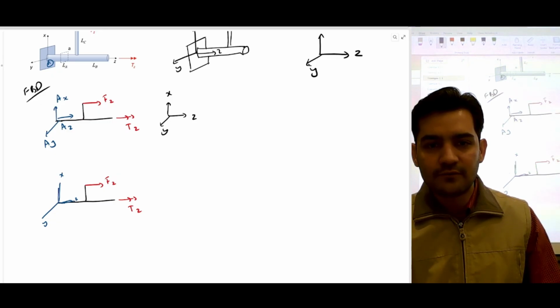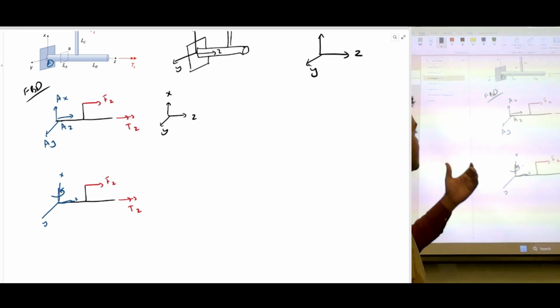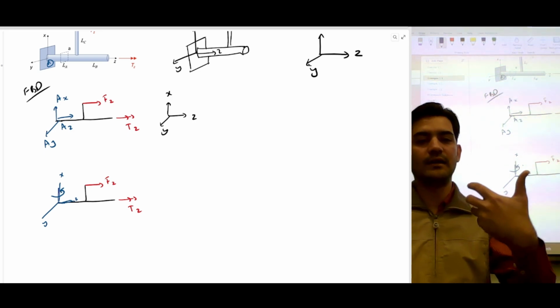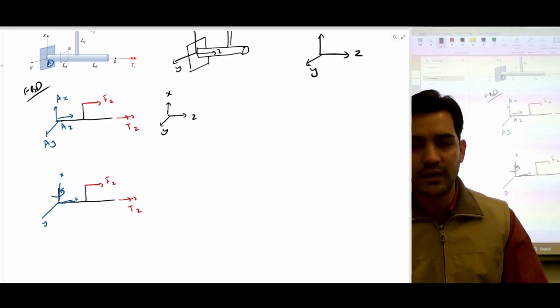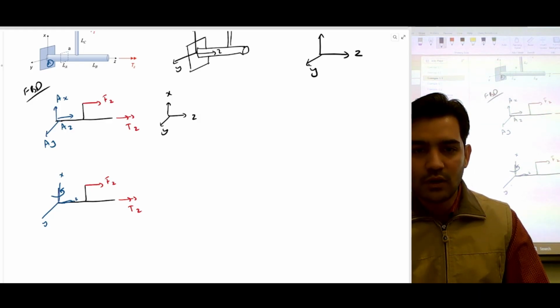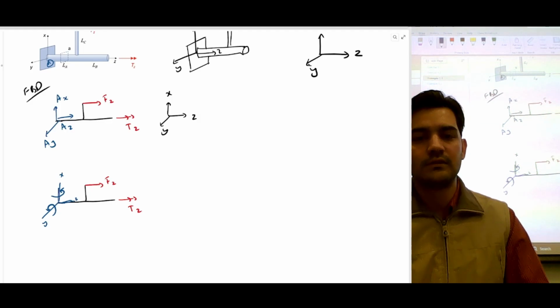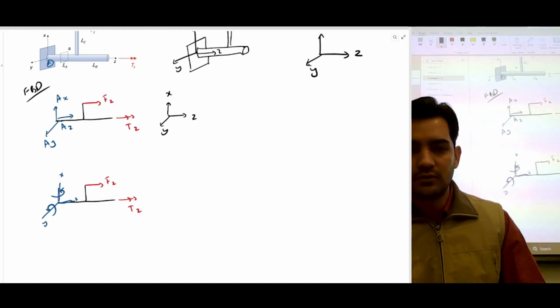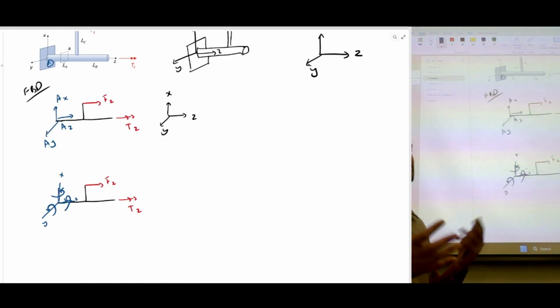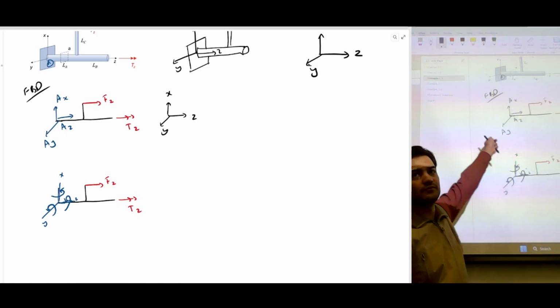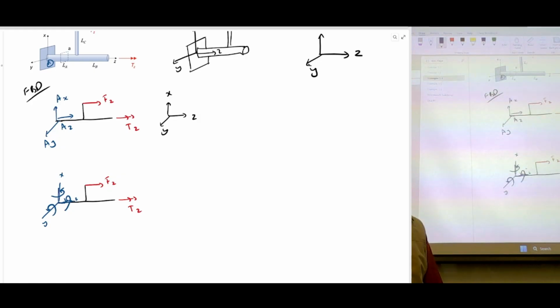So along the x-axis, I'm going to draw a moment like this. That's the moment which is going to be a resistive moment, acting along the x-axis. And along the y-axis, that's the moment. And along the z-axis, that's the moment. So we have to calculate these 3 reaction forces, and we have to calculate the 3 moments.